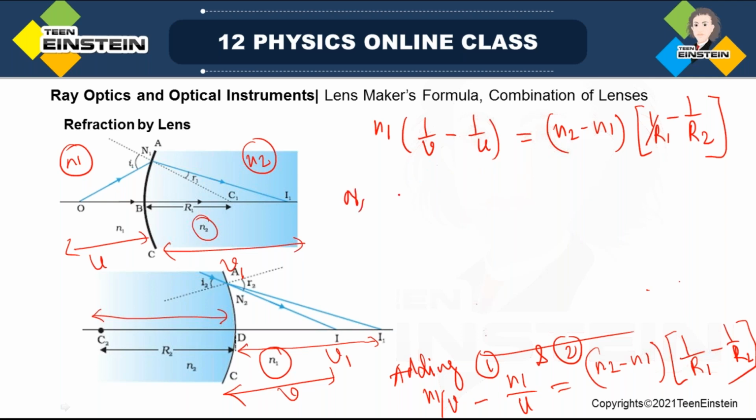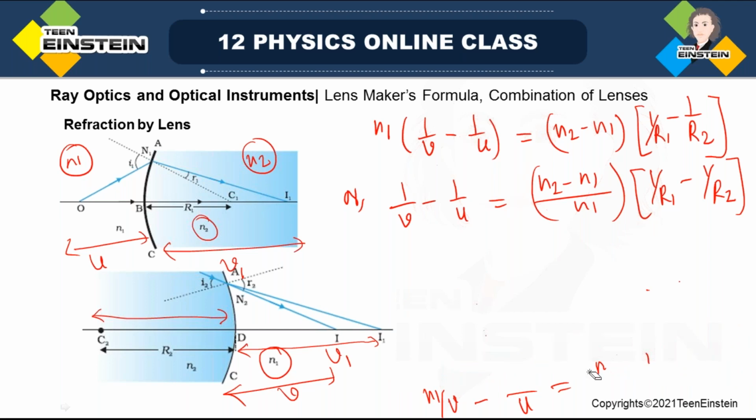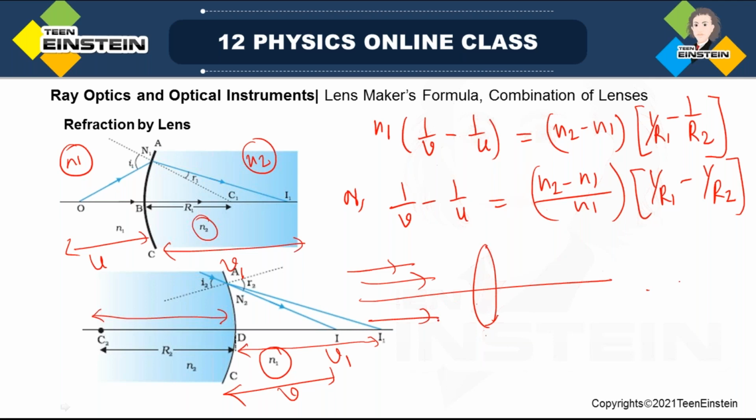Now I'll simplify a little more: 1 by V minus 1 by U, and this is N2 minus N1 over N1, and the rest as it is. If we keep the object at infinity for a lens, the parallel rays coming in, after refraction, meet at the focus.